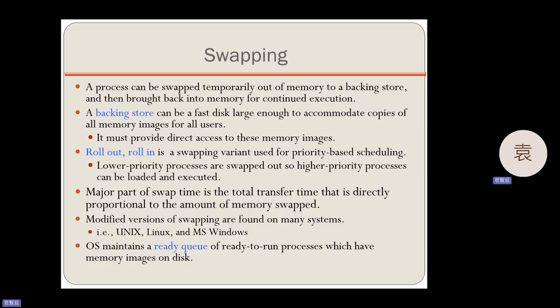The operating system maintains a ready queue of ready-to-run processes, and their memory images may be on disk or in memory. For a more advanced operating system, usually there are two ready queues. One is the in-memory ready queue, the other is the backing store, or out-of-memory, ready queue.